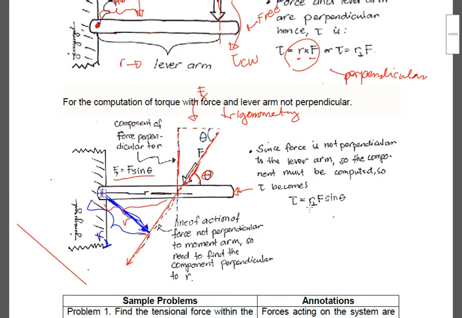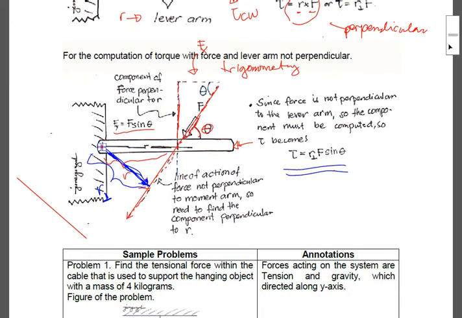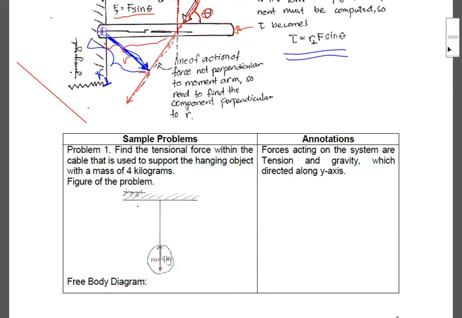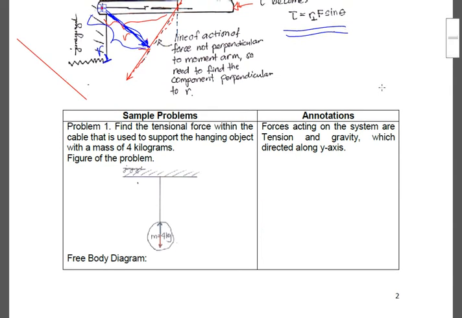Be it you get a component of the R or the force, they are still the same, because by virtue of our mathematical rules, we have commutative properties. We can apply the commutative property in here. So let's go now to the application of the conditions of equilibrium to certain problems that we have.